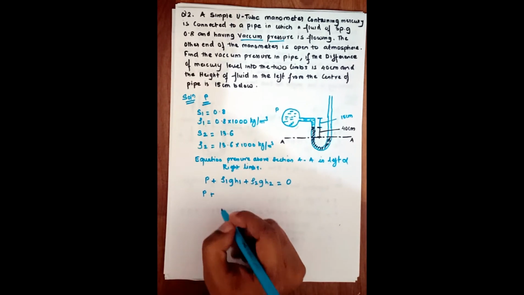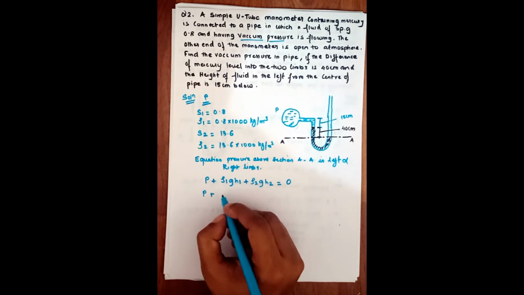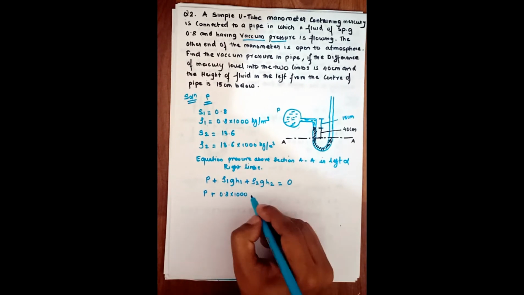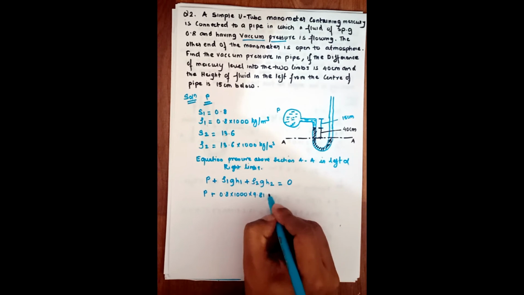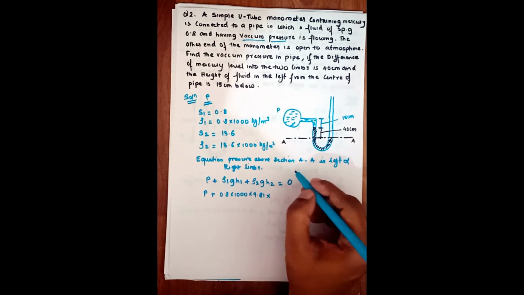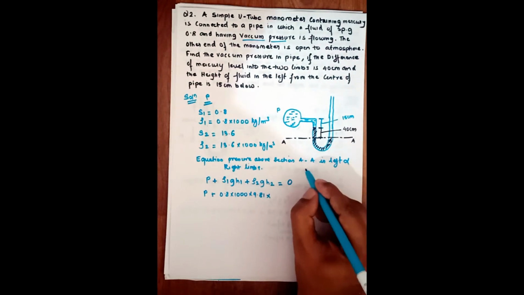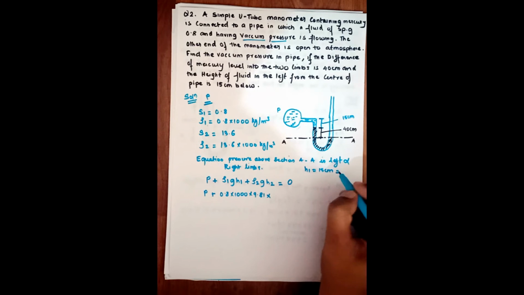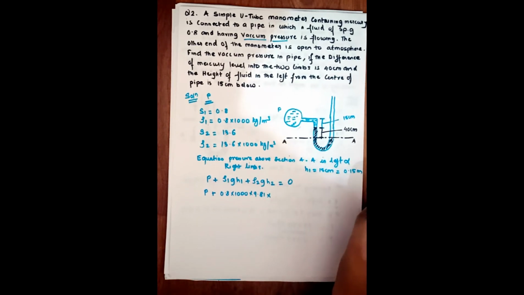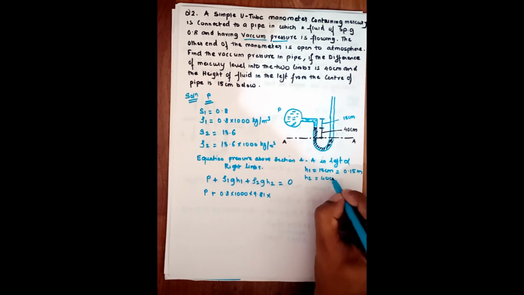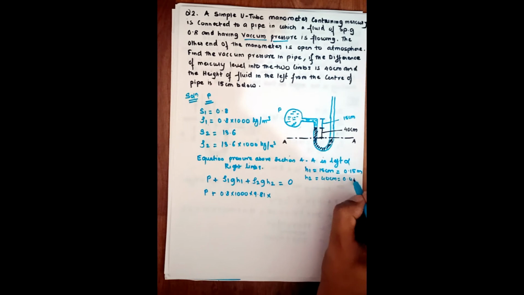We know the value of density ρ1 is 0.8 into 1000. G is 9.81. H1 is 15 centimeter. We have not written the H1 and H2 values, so I will write them over here. H1 is 15 centimeter, which in meters is 0.15 meter. H2 is also directly given as 40 centimeter, so this will be 0.4 meter.